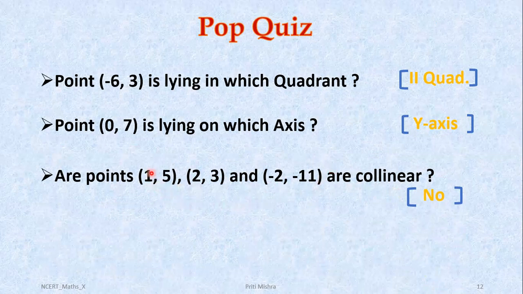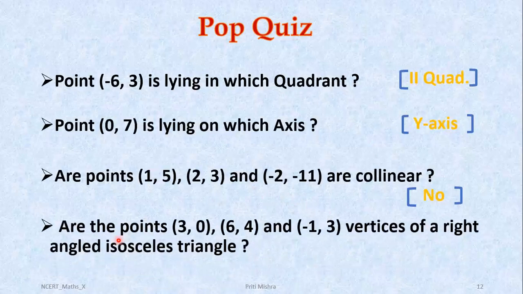You just have to apply the distance formula for these 2 points and for these 2 points, then after finding the distances, you have to add those two distances and then find the distance between (1, 5) and (-2, -11). The sum of these 2 distances should be equal to this third distance. If that is not happening, it means these are not collinear. So here you will not find the left hand side and right hand side equal. That's why the answer is no here.